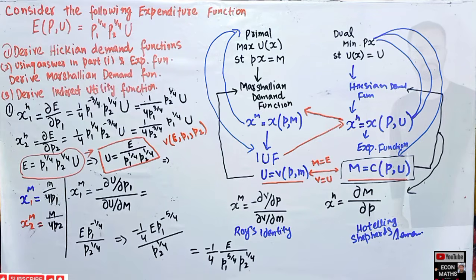Now what can we do here? This is our numerator part. So let me write it like this, minus e, actually I'm not getting the space here, so that is why I am going here, p1 raised power 5 upon 4, p2 raised power 1 upon 4.